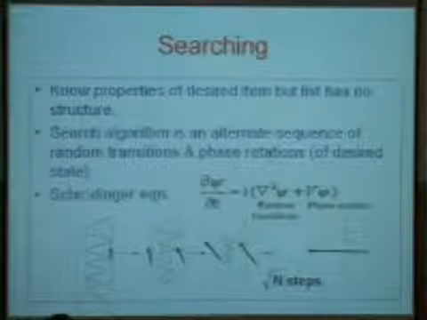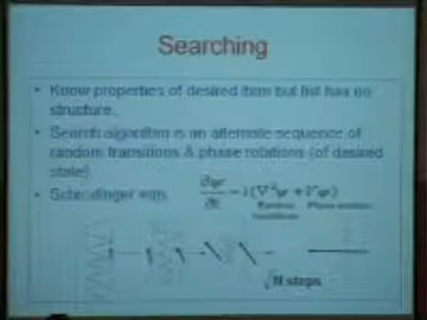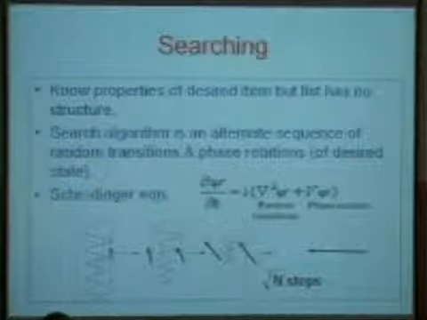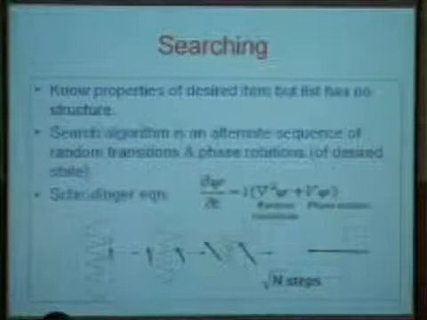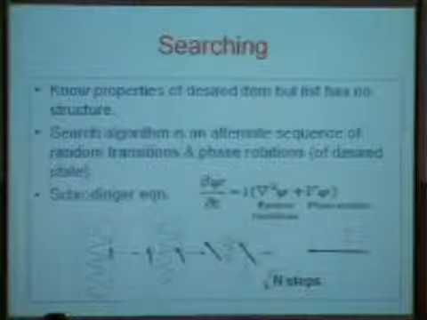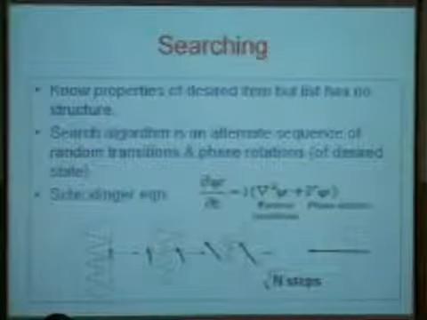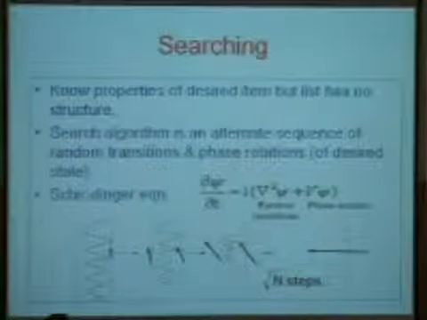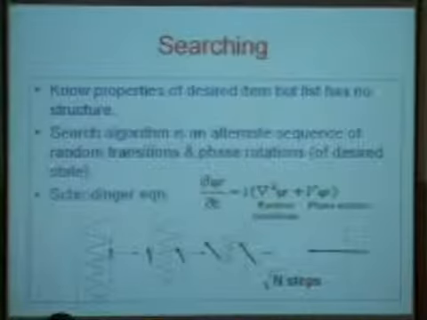And so my contribution was to implement the same thing digitally, so that these random transitions were simulated a certain way, and these phase rotations were simulated a certain way. And the net result was that just as in Schrodinger's equation, everything gravitates towards the points of lowest potential.